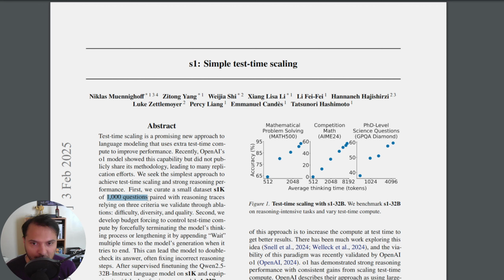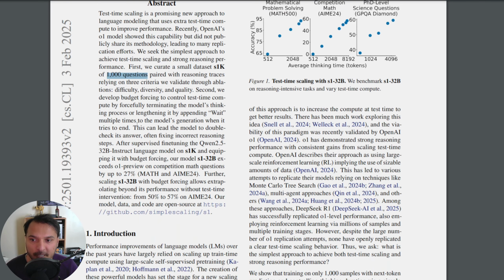What the authors do is curate a data set made out of 1,000 questions. They start with a standard test bank, generate reasoning traces using Gemini models, and only keep a select few, ensuring they have good diversity and so on. And then they perform fine tuning only on this.